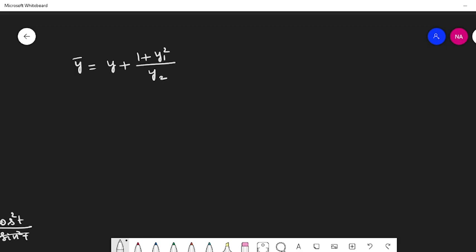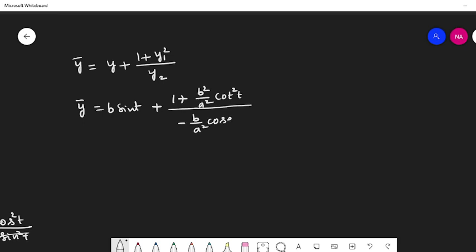Now y bar equal to y, which means b sin t, plus 1 plus y1 square, that is b square by a square cot square t, divided by y2. y2 is minus b by a square cosecant cube t.